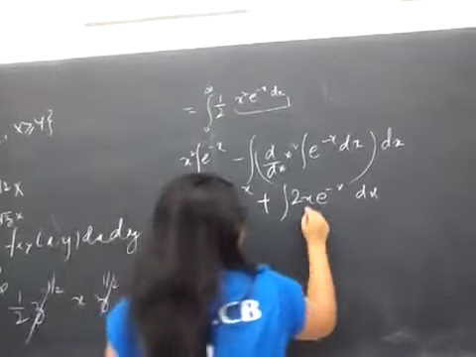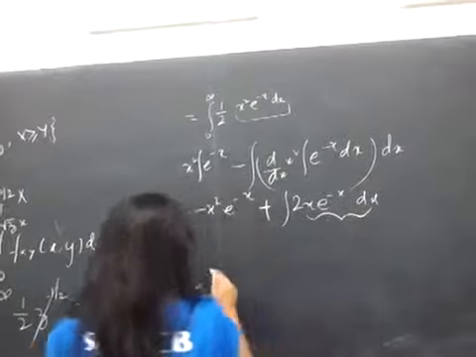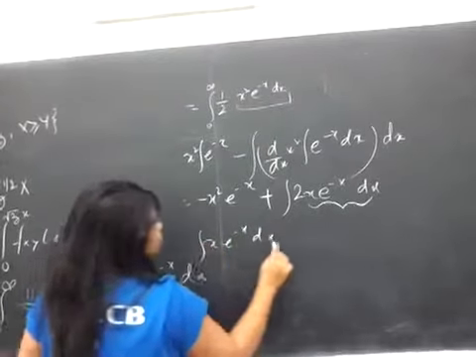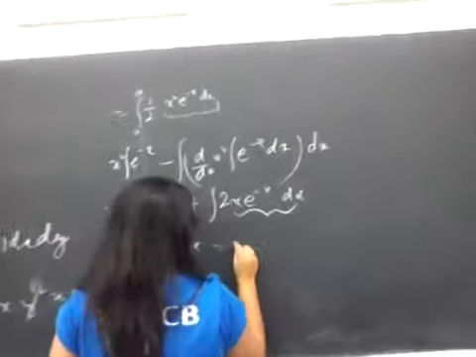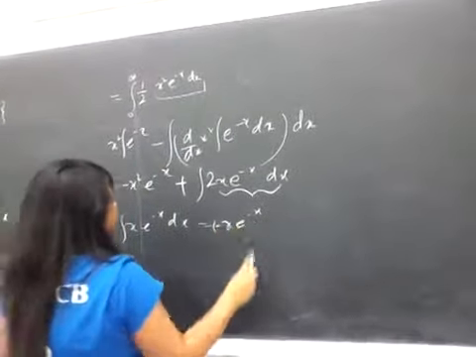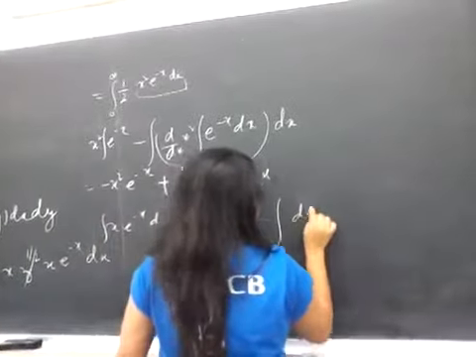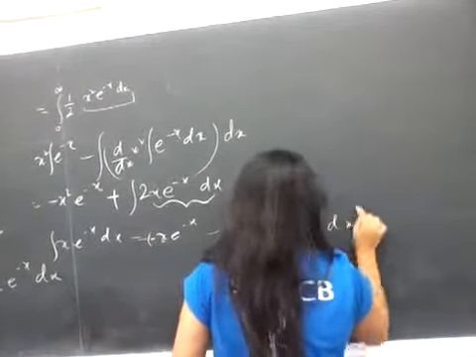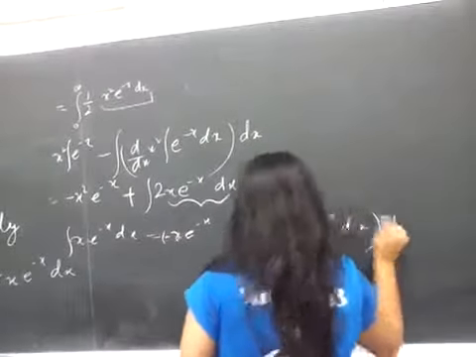Now I want to integrate this part again. The integration of x e raised to the power minus x dx gives you minus x e raised to the power minus x, minus the integration of minus e raised to the power minus x dx.